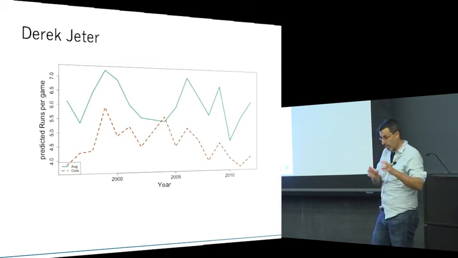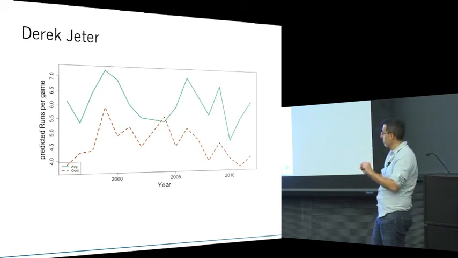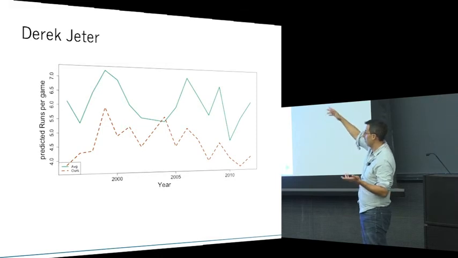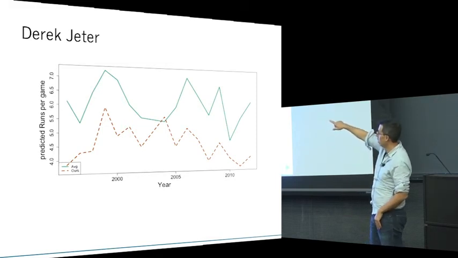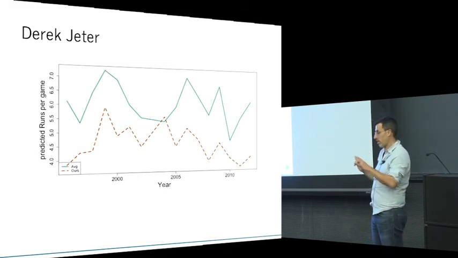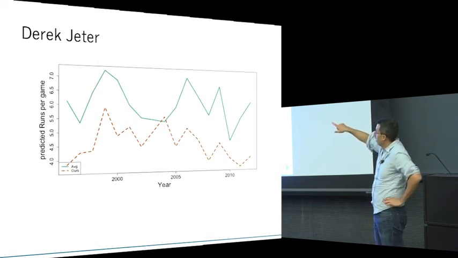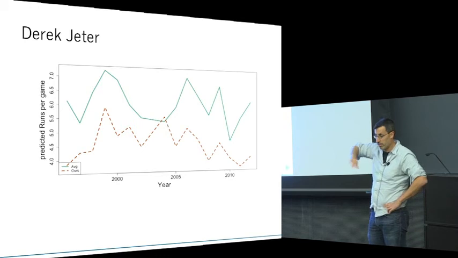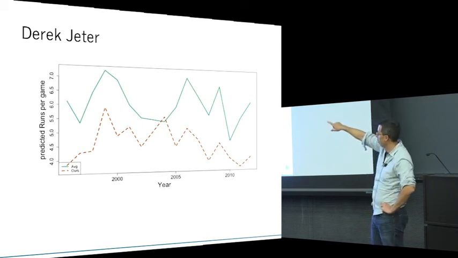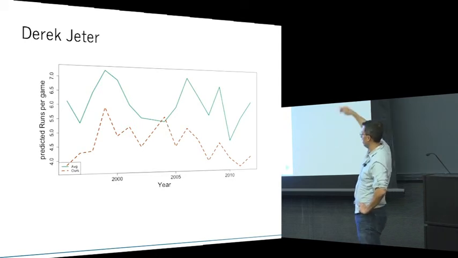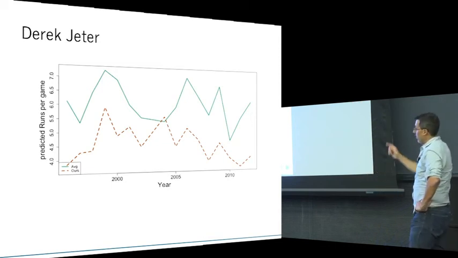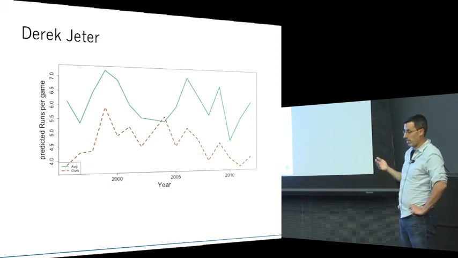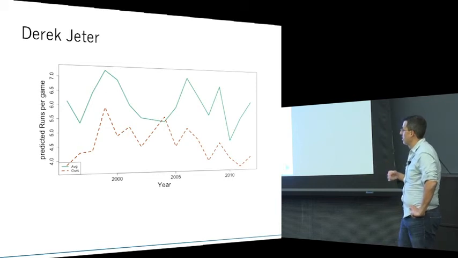After I fit the model, I now have numbers. I can stick numbers in for Jeter, and now I get runs per game. I change it to per game. So if you think that model is right, that with average you predict runs, and you do it for Jeter, you can see a team that would be a bunch of Jeters, just nine Jeters, would score about 6 runs per game, and it oscillates all over the place. It oscillates the same way the other one does because average is the only input.